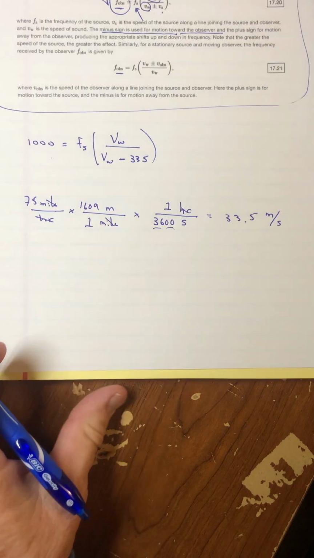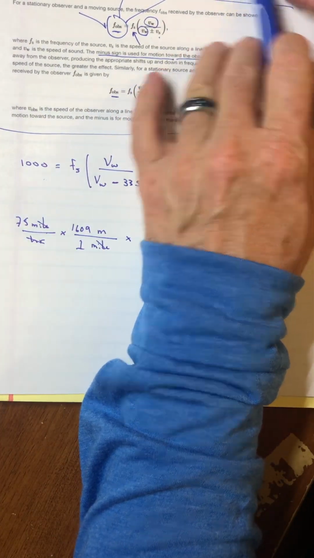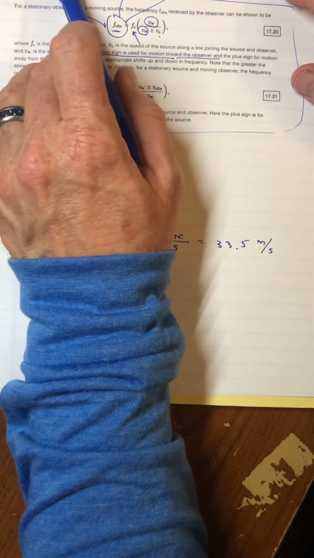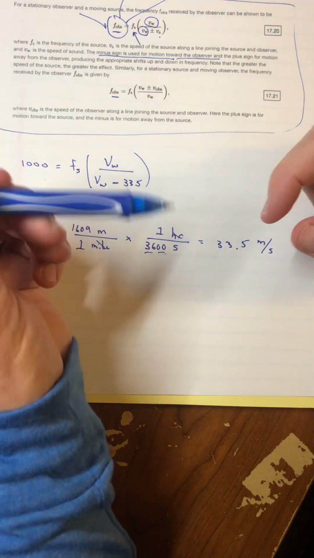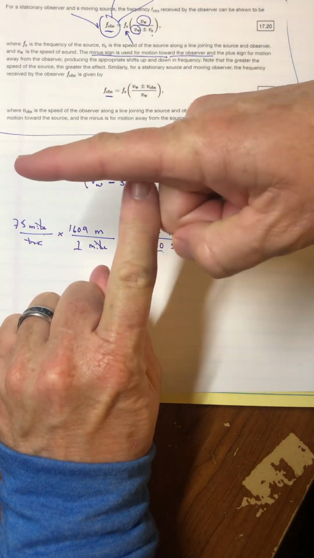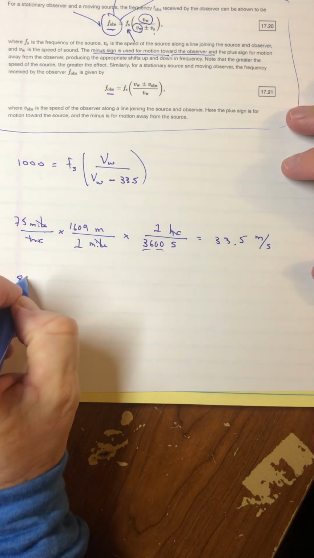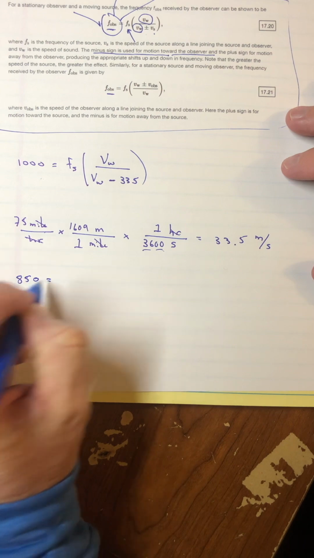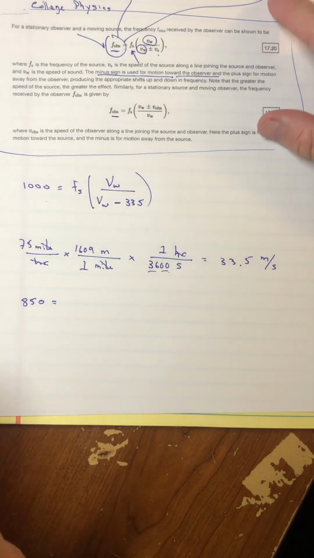Now, repeating this for when the source now departs, and so they kind of maybe cross paths. So here's the observer stationary, okay, and then the source goes by and past it. And so you're going to get 850 for the frequency that the observer hears.